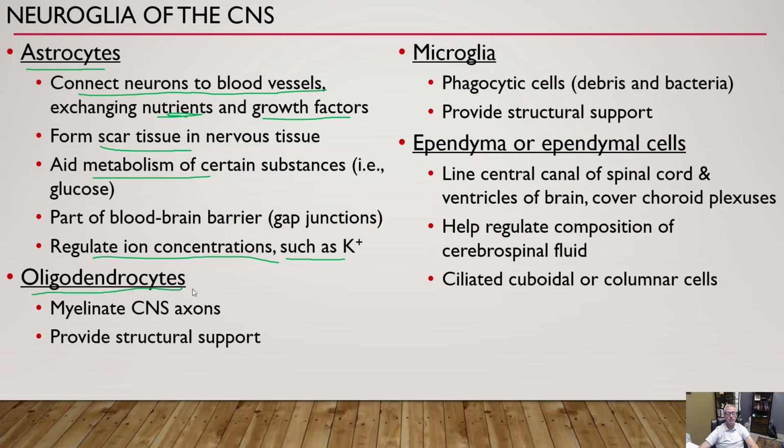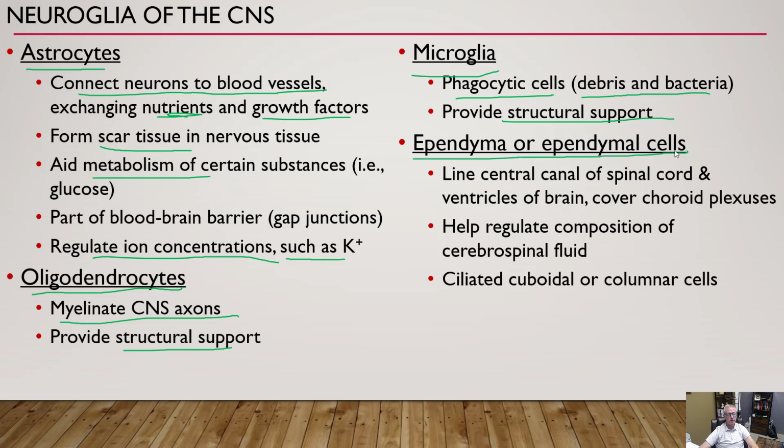Oligodendrocytes, we actually mentioned this before when we talked about myelinization of those central nervous system axons. Also provides some structural support. Microglia, those are actually phagocytic. They clean up some debris and some bacteria and also provide some structural support.